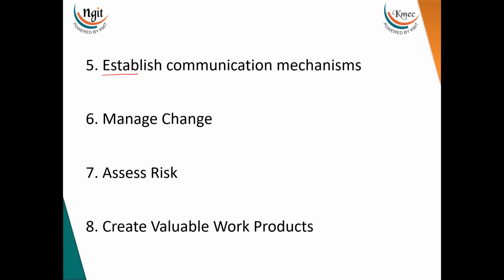And of course, we have communication principles as a separate topic, which we'll also discuss in the forthcoming slides. The majority of projects fail because important information falls into the cracks, and the stakeholders fail to coordinate their efforts, failing to get a successful end product. That is what happens when you don't have a well-established mechanism for communication and coordination.